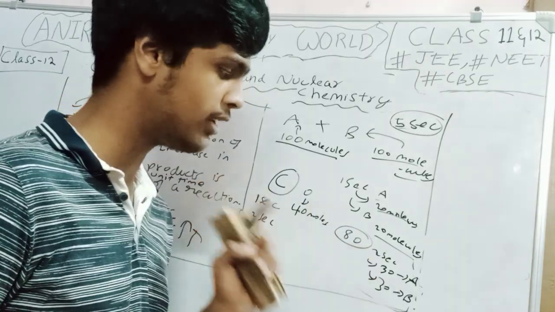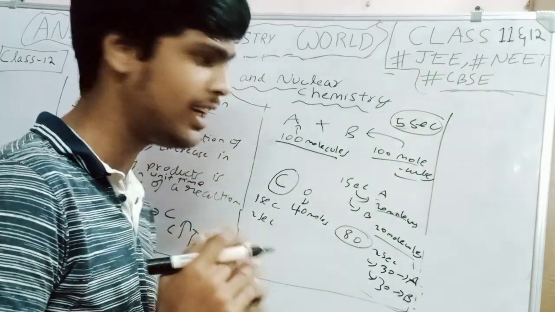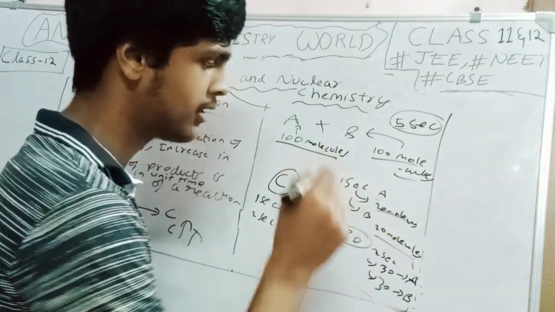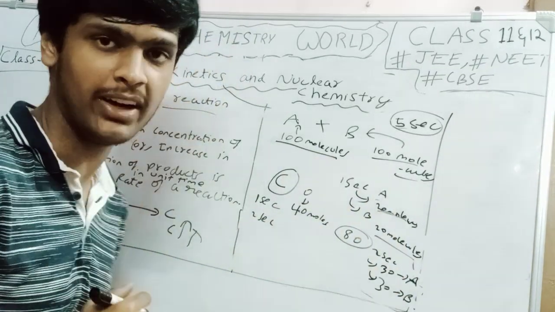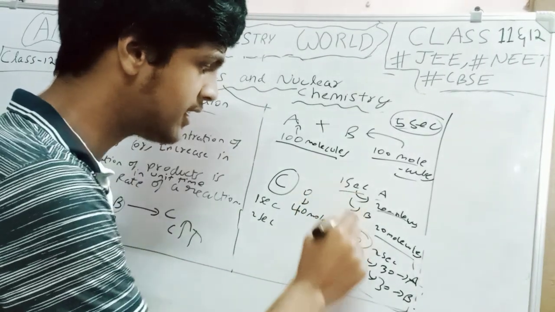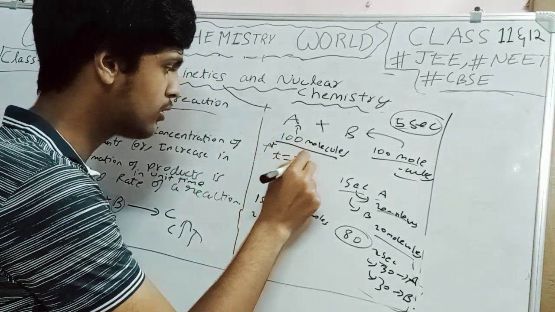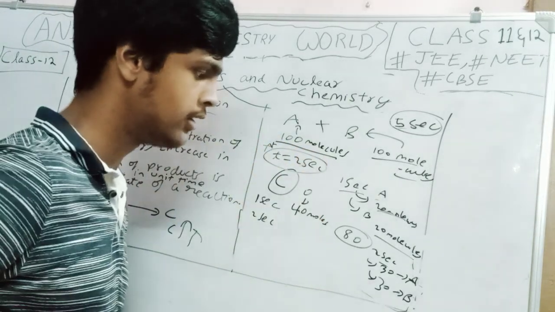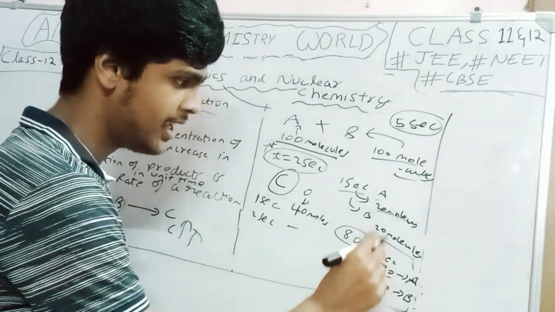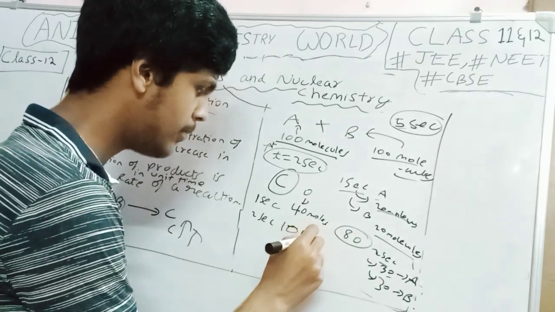So totally in the first and second seconds, 20 plus 30, 50 molecules of A and 50 molecules of B are combined, at time t equals 2 seconds. This means you are getting 100 molecules of C formed.